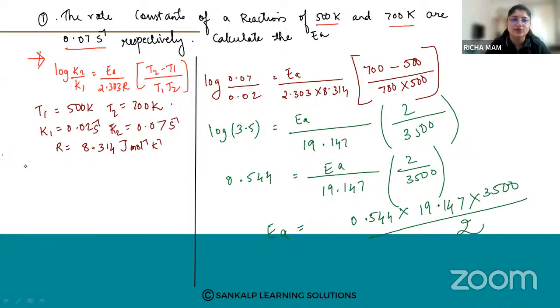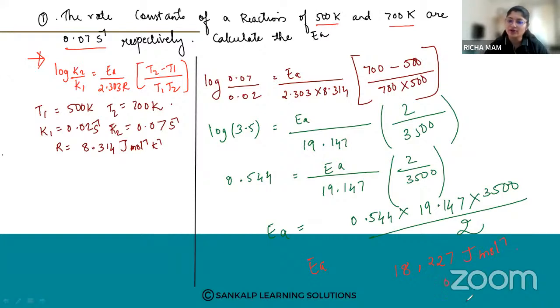Just see how much EA value you are getting now. Simple maths. 0.544 into 19.147 into 3,500, divided by 2. I'm getting 18,227 joule per mole.